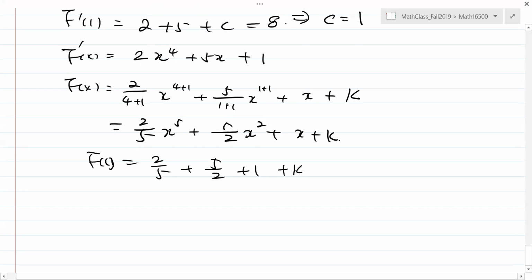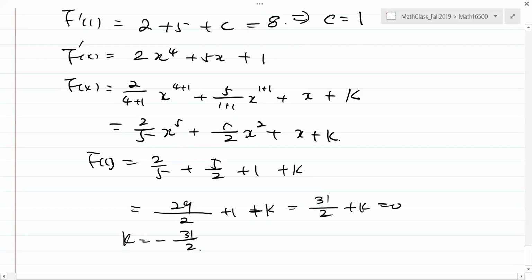And that is supposed to be 0. And that is going to be 4 plus 25, it's 29 over 2, plus 1, 31 over 2. So k equals negative 31/2.